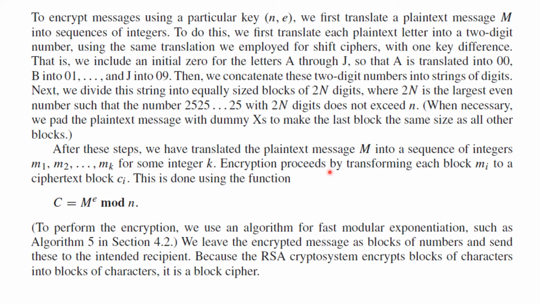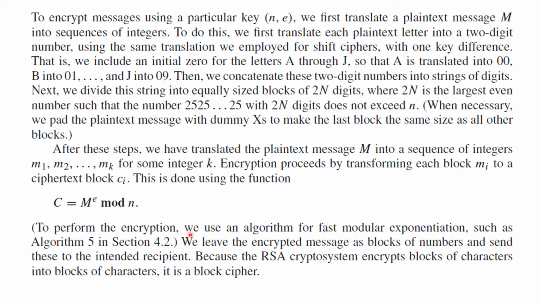Encryption proceeds by transforming each block Mi to a ciphertext Ci, and this is done using the function C equals M raised to the e mod n. Now, these are very big numbers, and you're using exponentiation mod n, like we talked about.